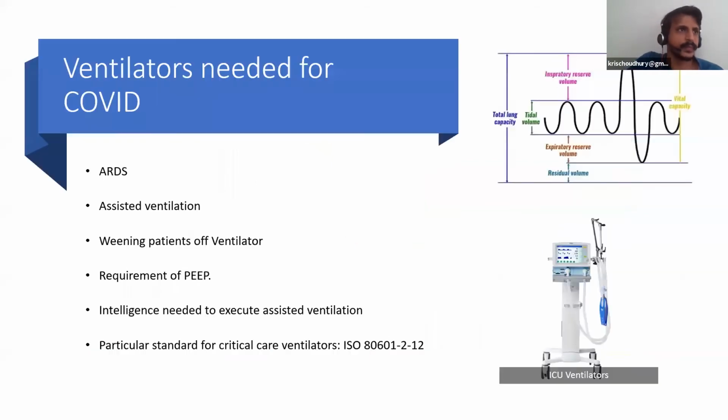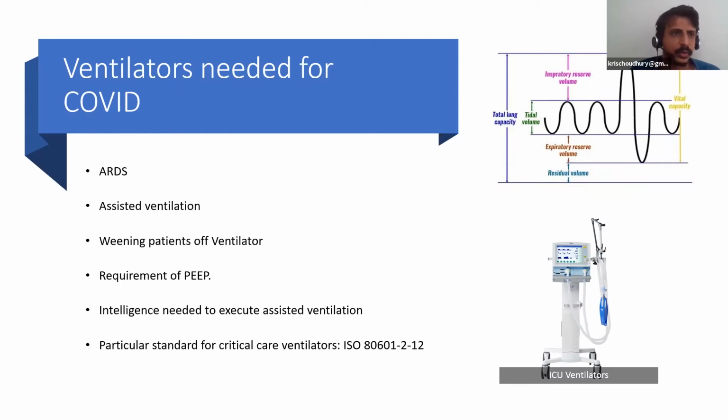So coming to the next topic, what kind of ventilator is needed for this current COVID situation? A lot of patients whom you see are tested COVID positive and need ventilation.